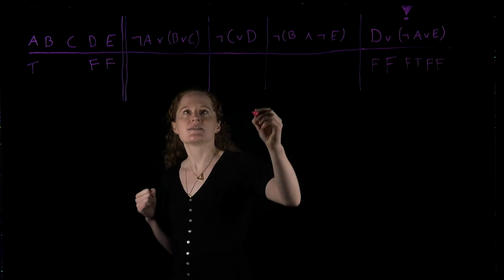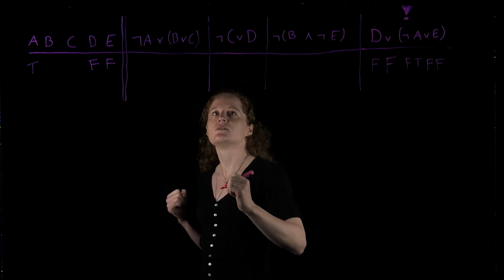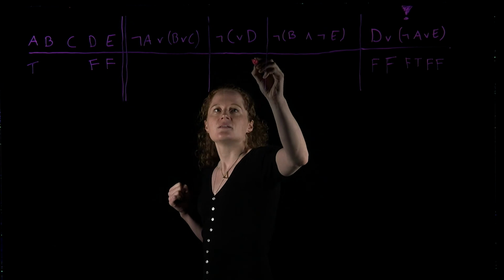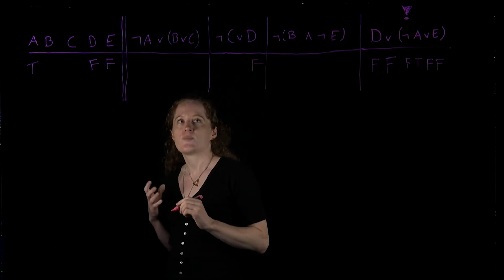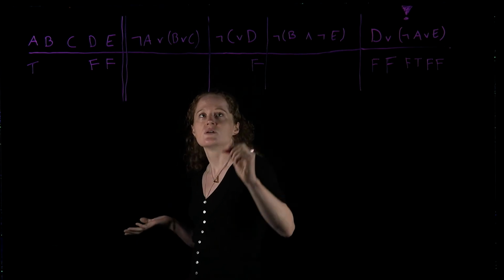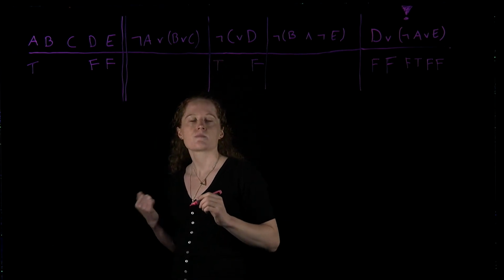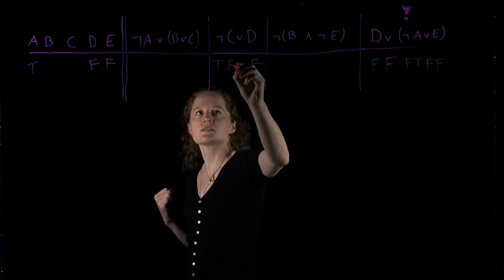Let's look at the second premise now, not C or D. Now if D is false, then our premise is true only if not C is true. And not C is true only if C is false.